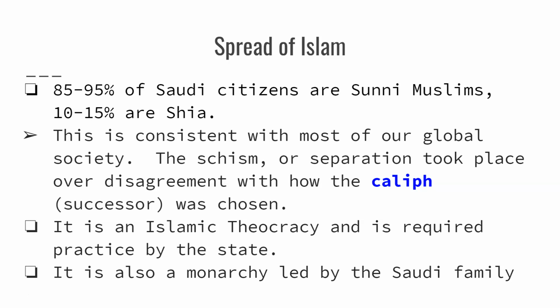This is pretty consistent with what we know about Islam. We know that there was a schism, depending on how you want to pronounce it, or a separation that takes place. A big part of that is the debate over who the next successor to Muhammad was, whether it should be the direct descendants of Ali, who was the son-in-law of the Prophet Muhammad, or the next leaders of the 4 caliphs that came during the time of the empire building for Islam.